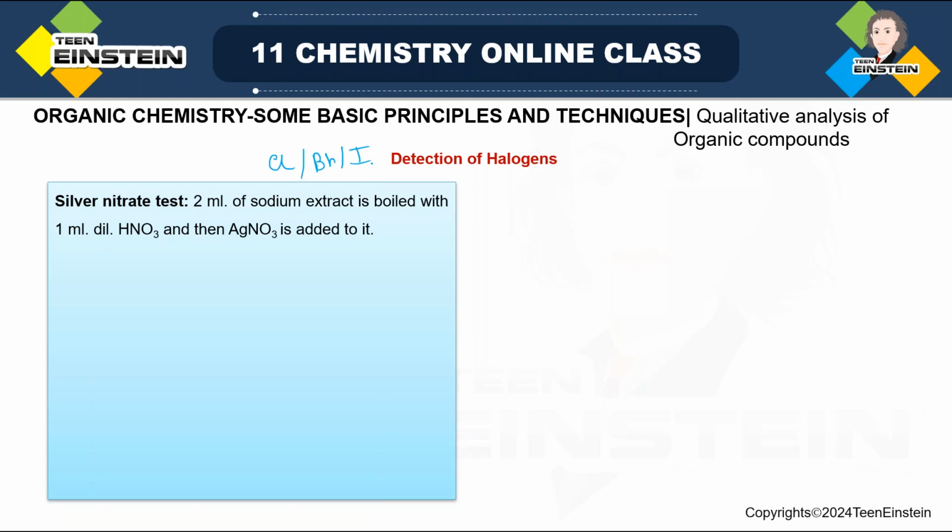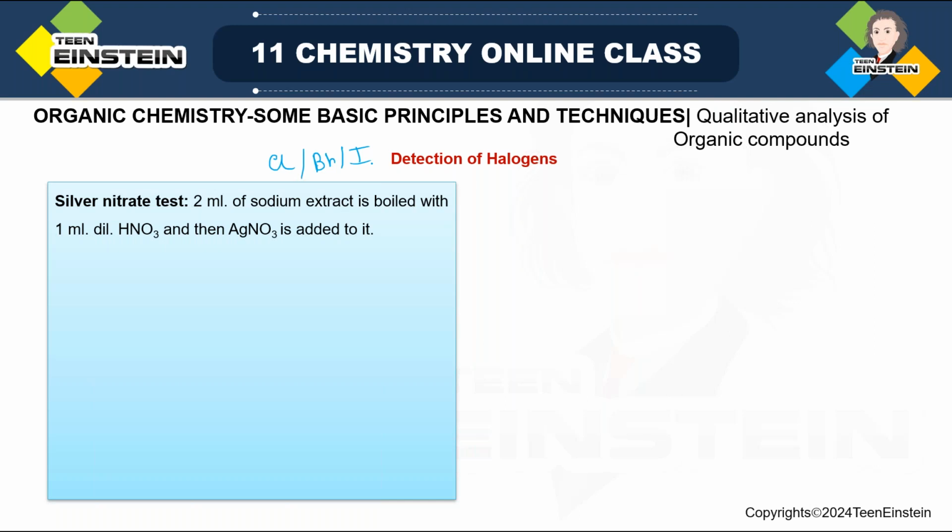Though the first test is mainly done, there is another experiment also, which is sometimes used for confirmation. That is some added advantage. That is one test you have already done, you already know that halogen is present. That is fine. But if you are doing another test and again you are seeing some positive results, now there is no doubt that halogens are present.